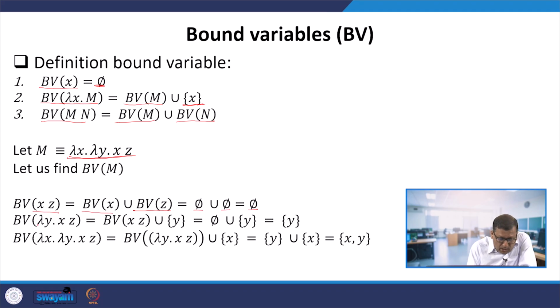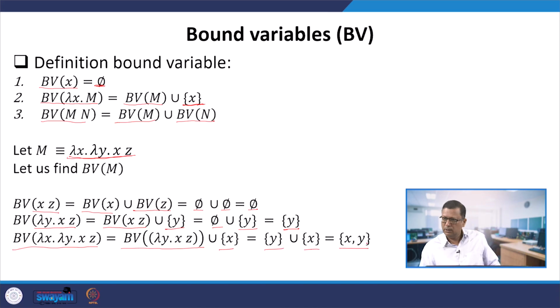Then bound variable of lambda y dot xz is bound variable of xz union y. That is empty set union the set containing only y, so it is y. Then the bound variable of the entire term, lambda x dot lambda y dot xz, is bound variable of lambda y dot xz union x, that is y union x, that is xy. So indeed we have got the result that we were expecting.